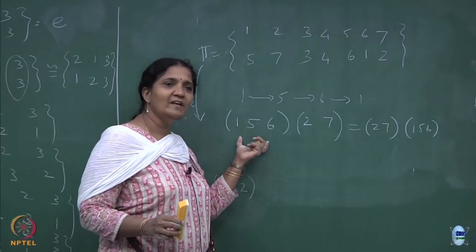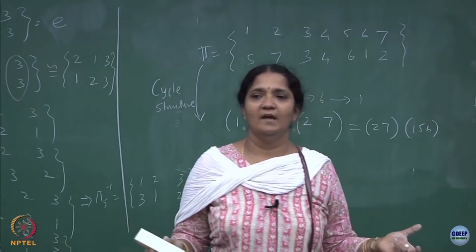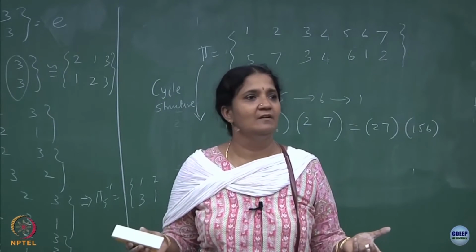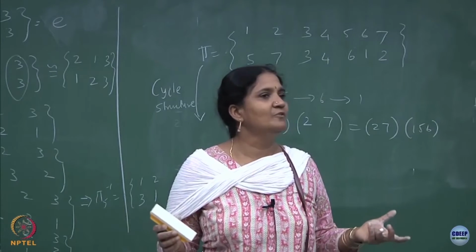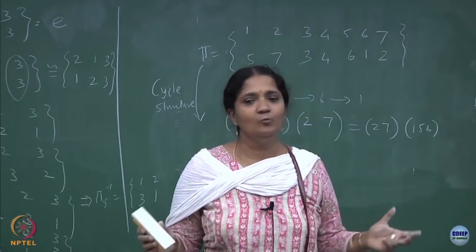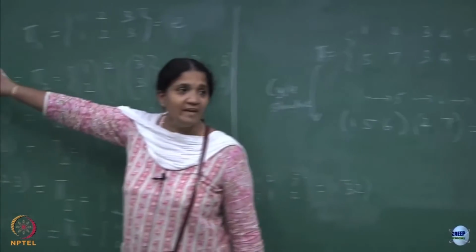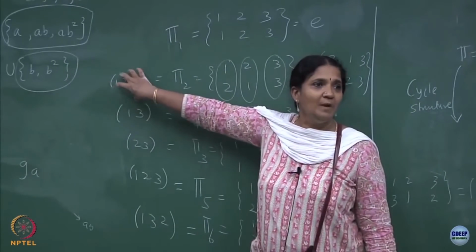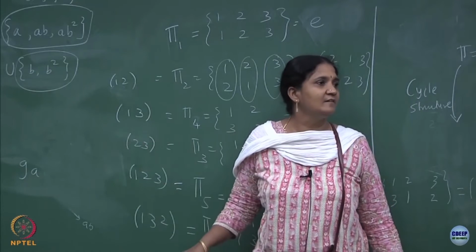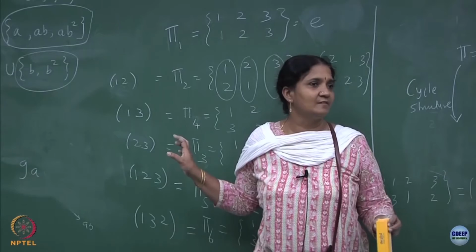It is actually a composition of transpositions. Any 3 cycle will be a composition of 2 transpositions, any n cycle will be a composition of n-1 transpositions. Okay, you can play around with transpositions. Transposition is a fundamental object and you can play around with these transpositions to generate all possible n cycles. Okay.